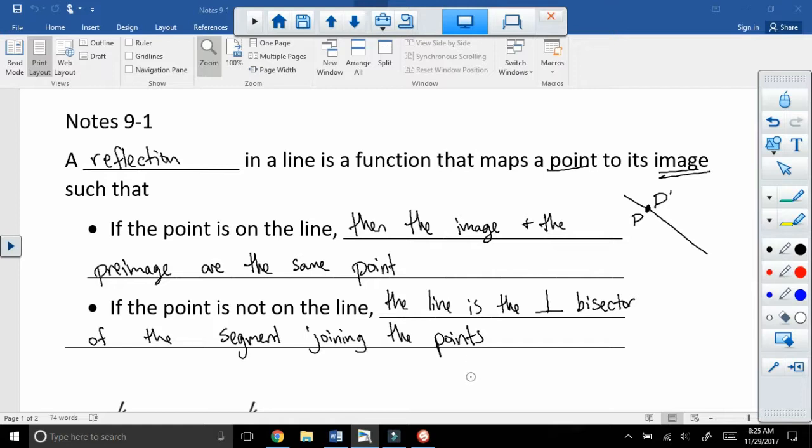So I'll give you guys a minute to copy that down, and then I need to scroll down to see that image, and I'll explain it more in just a second.